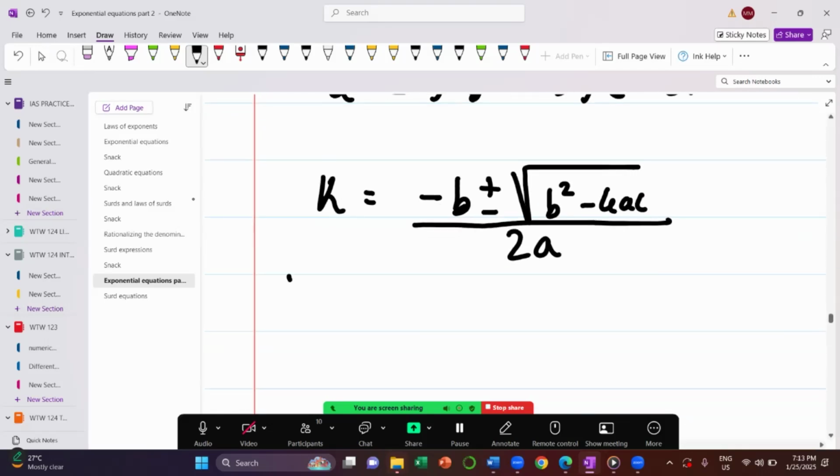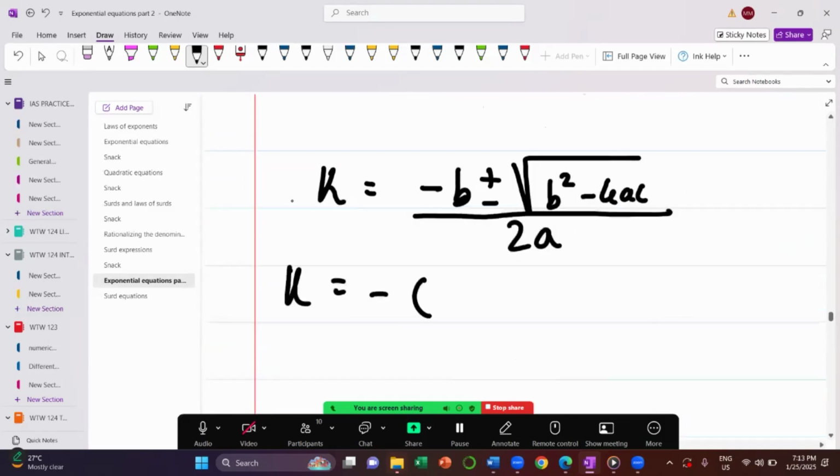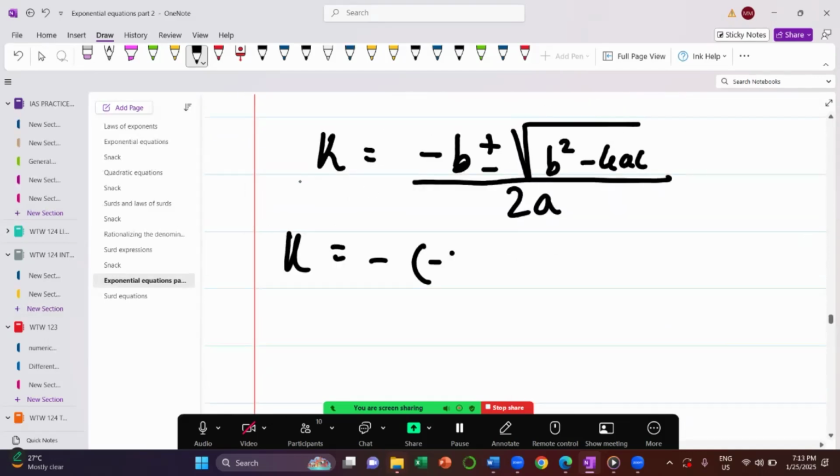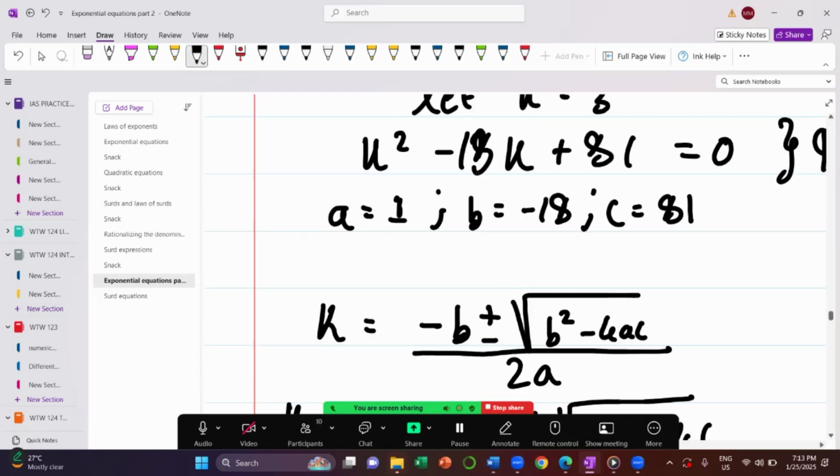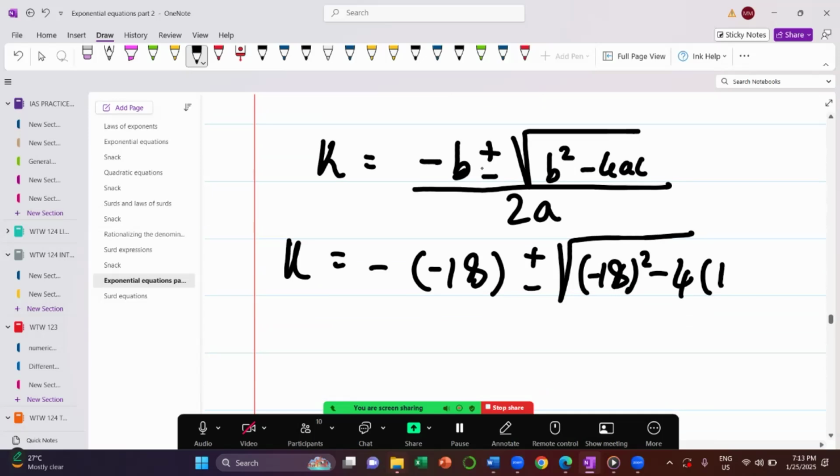So now I'm going to substitute. Say k is equal to negative into what is my value of b? Negative 18, right? So I put negative 18 here, plus or minus the square root of negative 18 all squared minus 4 into what is the value of a? It's 1, right? What is the value of c? It's 81. All under the square root, right?